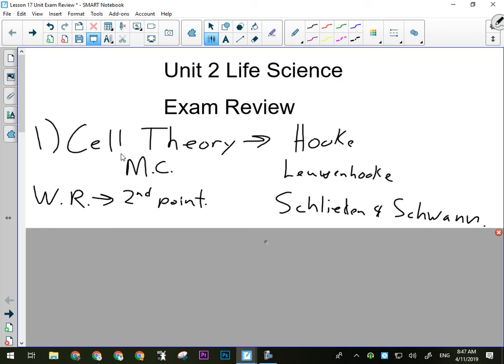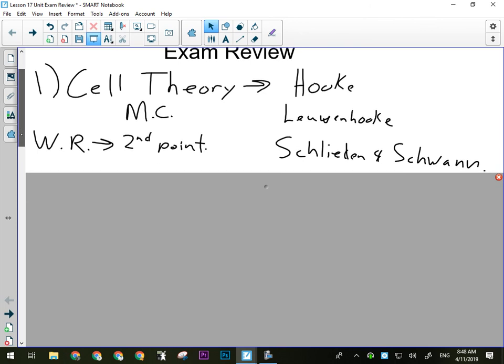Right, he's the one who looked at cork, discovered cells, wasn't even a biologist, was doing a lens experiment. Leeuwenhoek's the guy that looked at living cells for the first time and had the ping pong paddle shaped microscope. Schleiden and Schwann were the 2 Swedish guys who came up with the cell theory. So we've got to make sure we know what their contributions were, because that'll be, again, part of the fact checking.